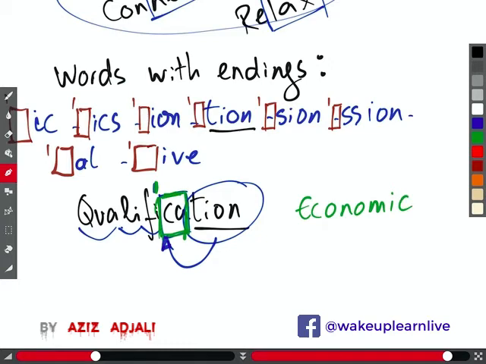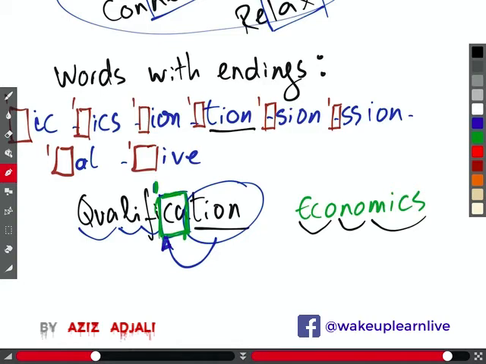Economic or economics, the same. So in here, economics is the plural anyway. Okay, so we have x or mix. So I divide into syllables. Eco, no, mix. So mix is the end.